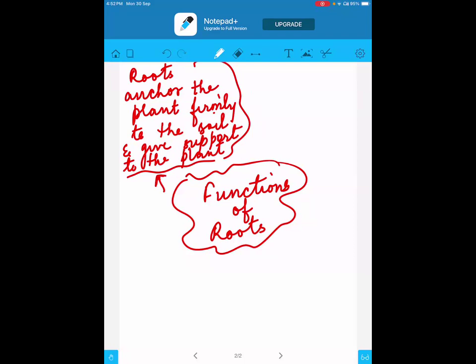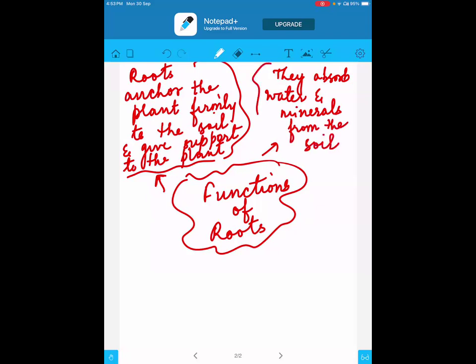The second function is they absorb water and minerals from the soil. Then the third function, I'm writing it straight here: they bind soil particles.